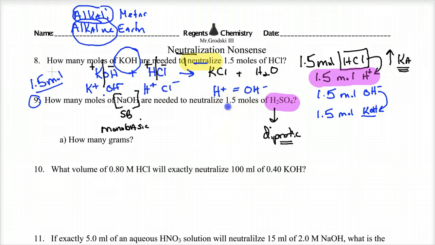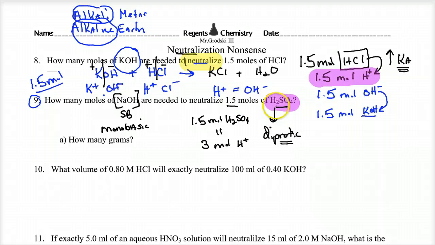So if I have 1.5 moles of H2SO4, how many moles of the base do I need? Well, you can look at it and say, well, 1.5 moles of sulfuric acid, isn't that really 3 moles of protons? Absolutely. It's a strong acid, complete dissociation.